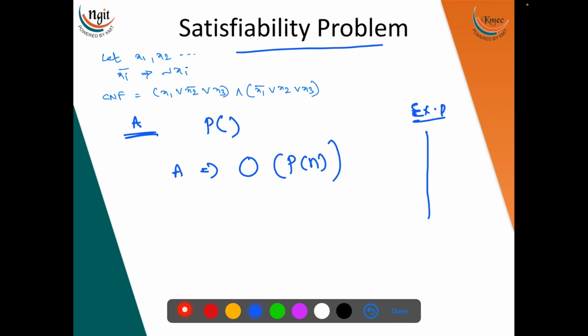Because we were able to solve this satisfiability problem, I'm putting the satisfiability problem into P. P is the set of all decision problems solvable by deterministic algorithms in polynomial time. There is one more term, which is NP. NP is the set of all decision problems solvable by non-deterministic algorithms in polynomial time.